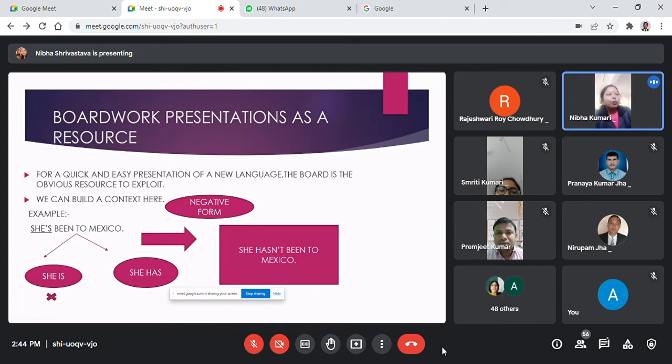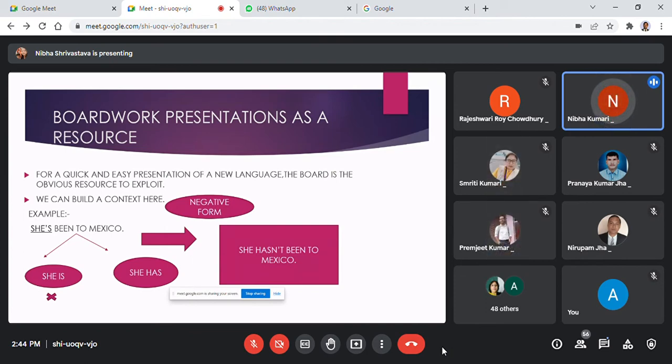For a quick and easy presentation of a new language, the board is the most obvious resource to exploit, and we all do this in the classroom. So we can build a context here. Even if we do not have any other teaching aid, the most important teaching aid becomes the blackboard, the green board, whatever we have in the classroom.